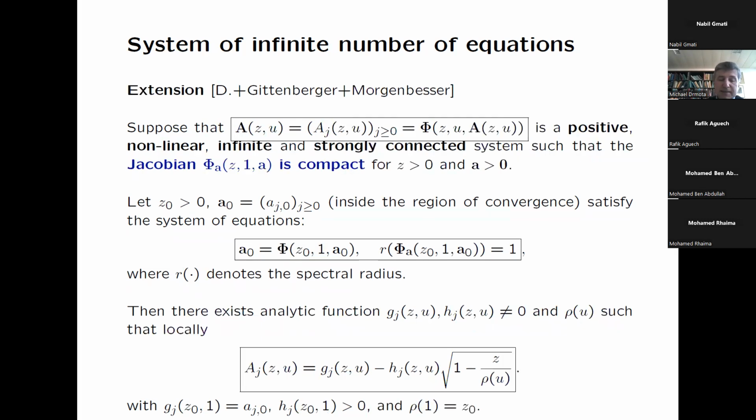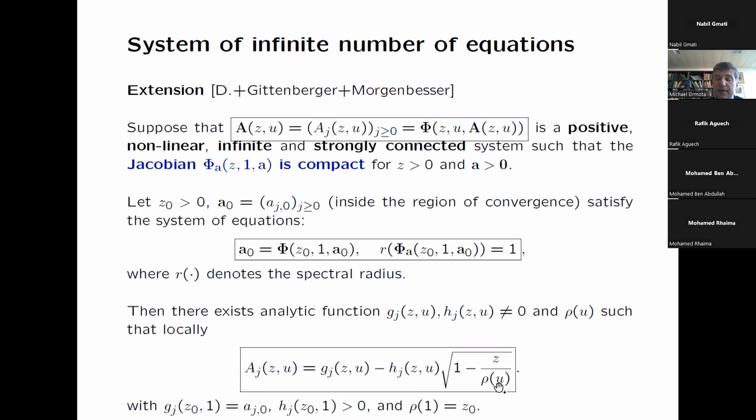And there is another comment that I want to make, namely that this phenomenon is quite robust in the following sense. If you have an additional parameter in your functional equation, say call it u, then you get this square root singularity also uniformly in this parameter u. The only thing is that this singularity will move in u.